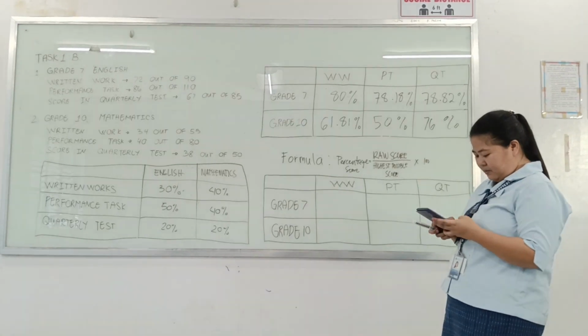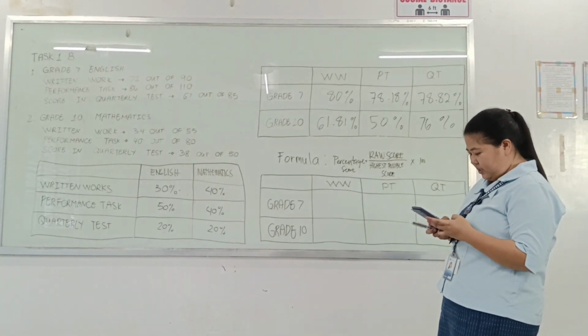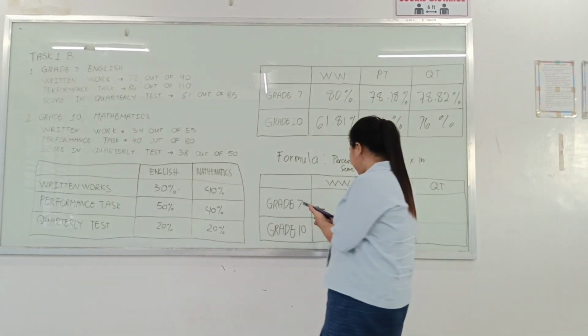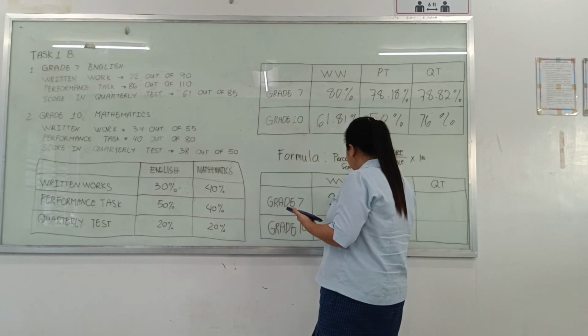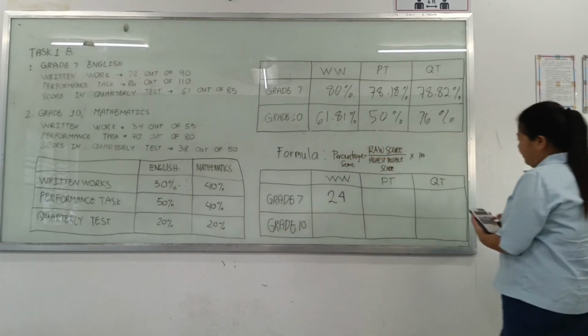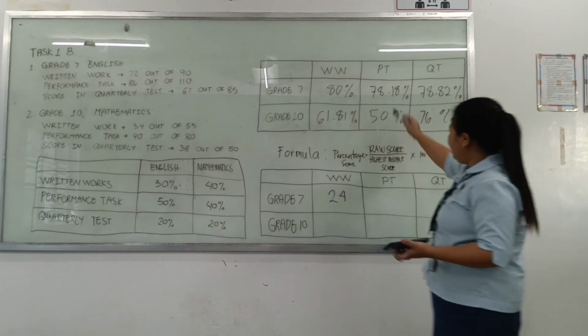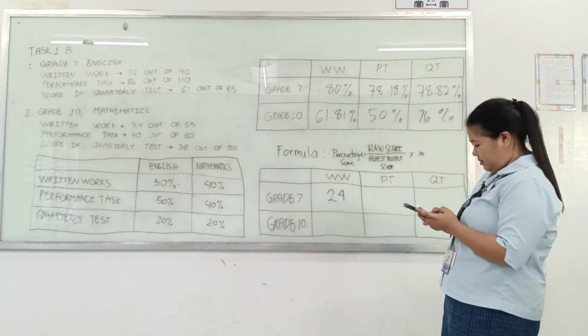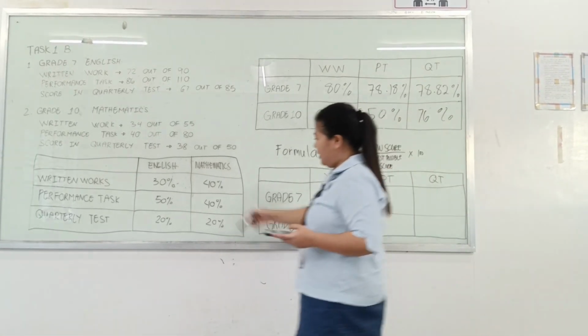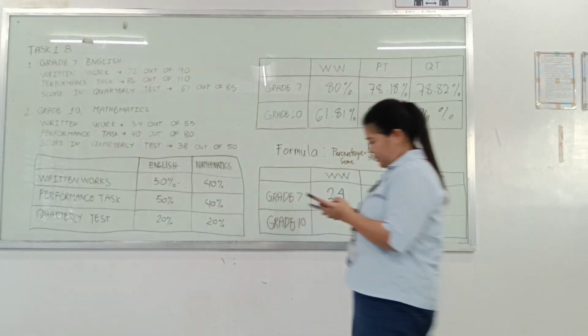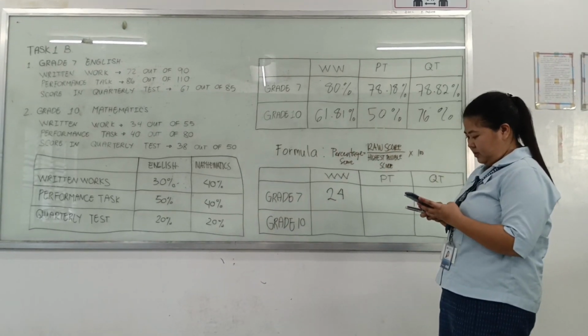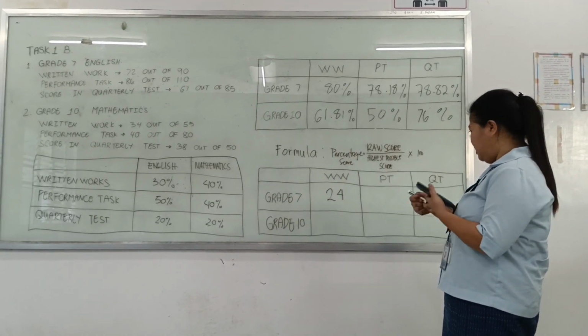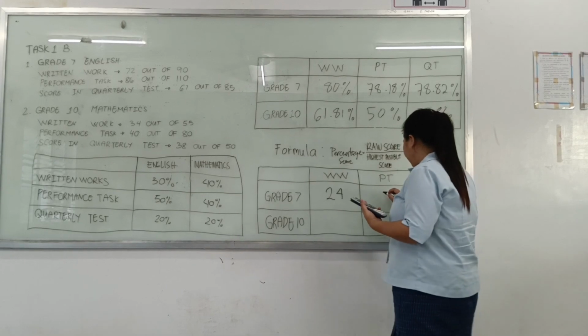So 80 times 0.30 equals 24. For the performance task, 78.80 times 50% is equal to 39.